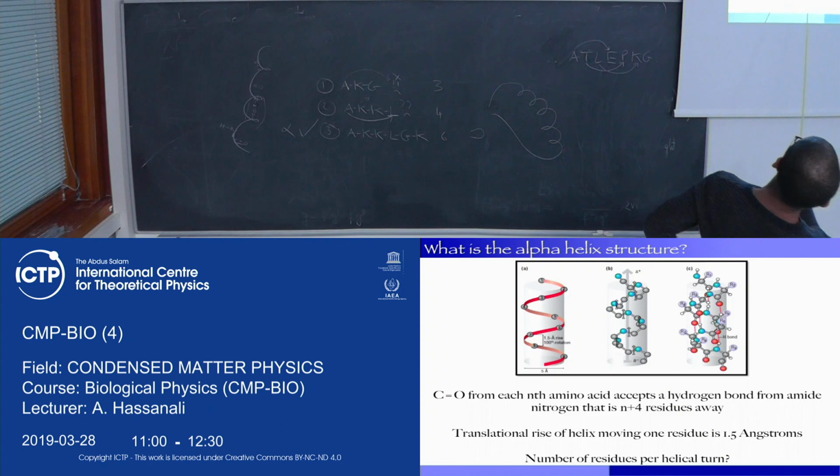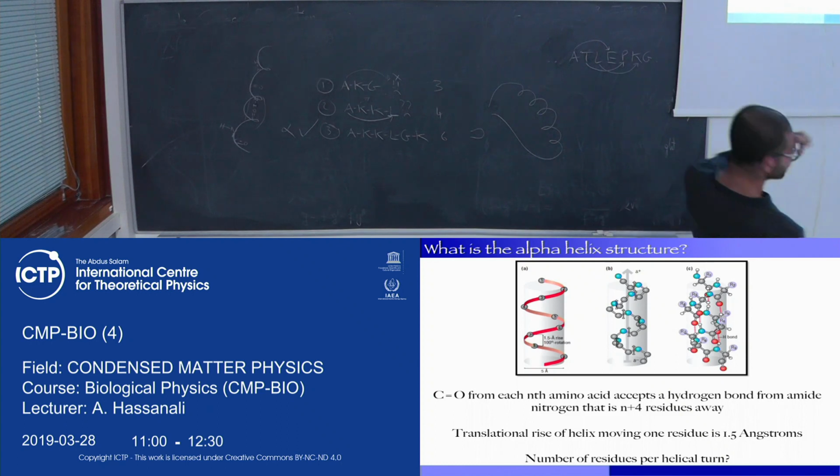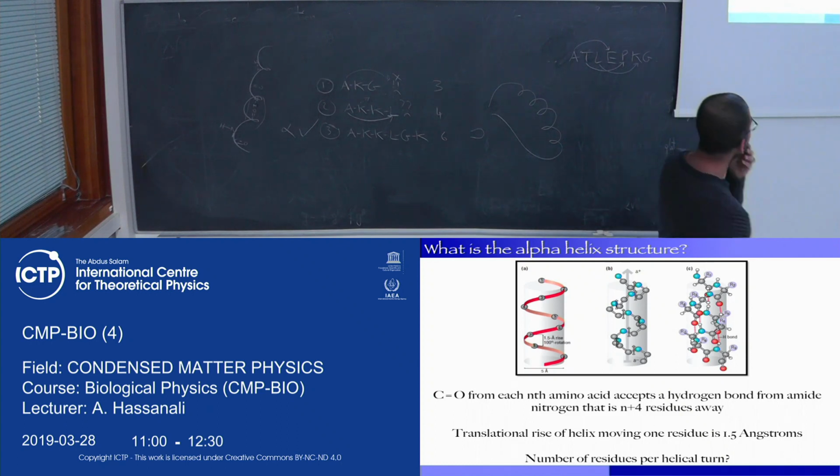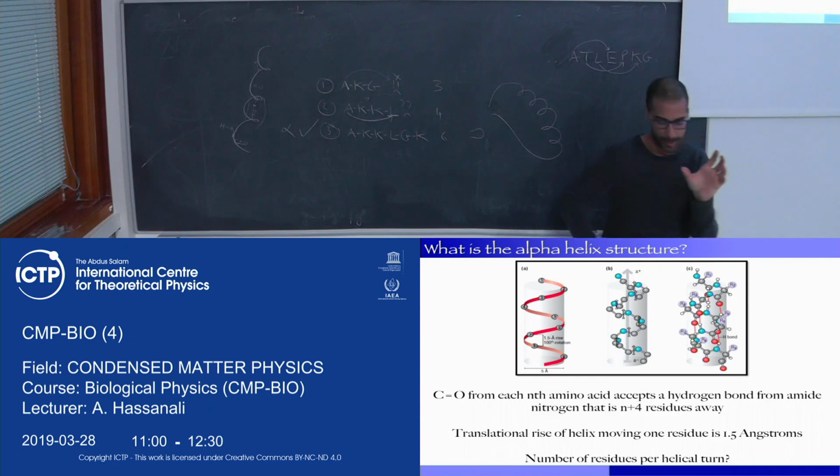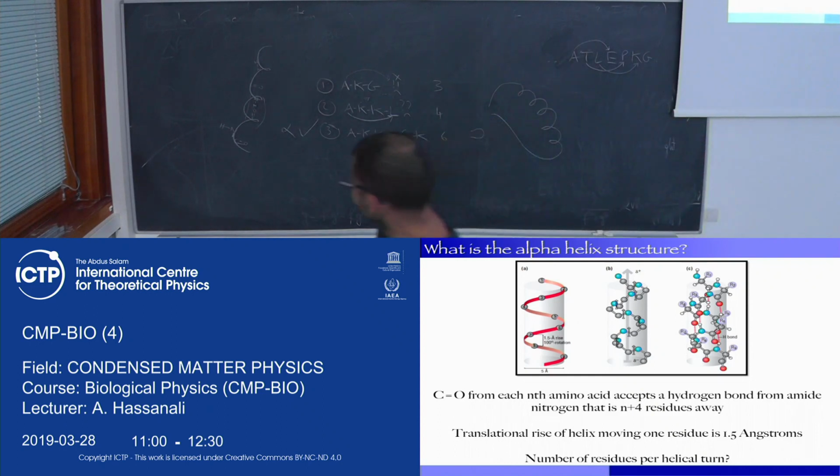So to give you a sense of the length scales here, the diameter of this object is about 4 to 5 angstroms.